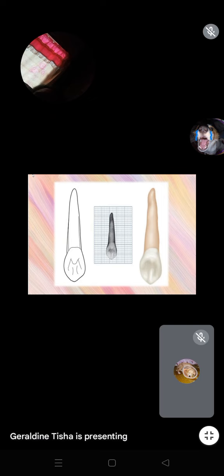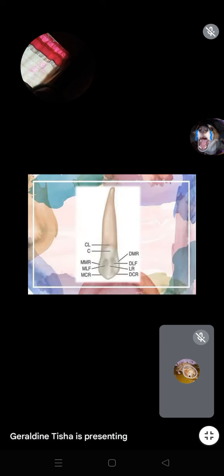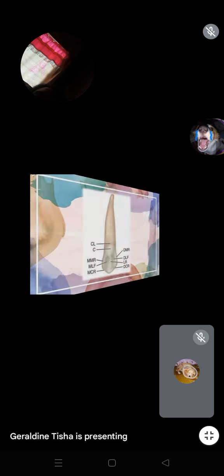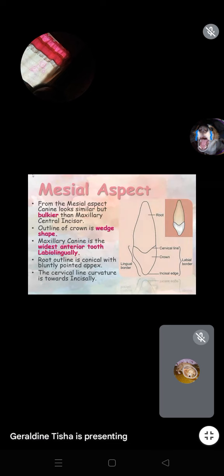And a heavy marginal ridge is associated with a well-formed cingulum and fossa. Mesial aspect: from the mesial aspect, the canine looks similar to but bulkier than the maxillary central incisor. So, back to the lingual.